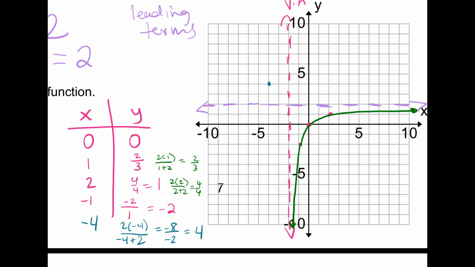I picked negative 4 because it's on the left side of my vertical asymptote. The things I care about, accuracy-wise, I want the horizontal asymptote exactly, I want the vertical asymptote exactly, and I want you to have the right side of the asymptote.